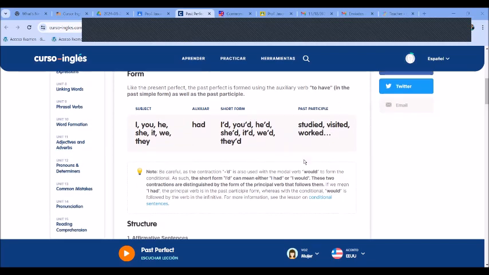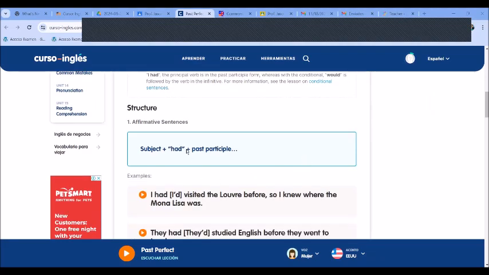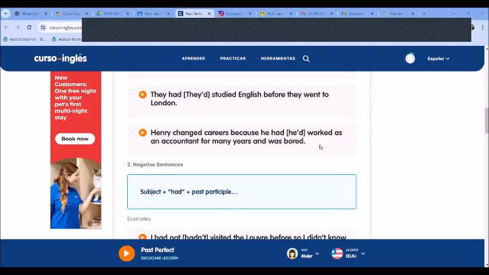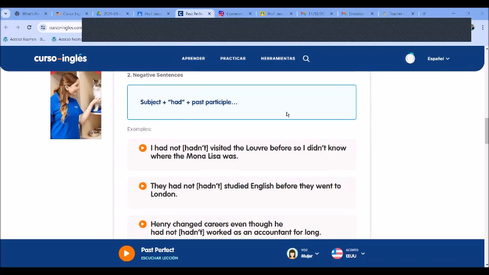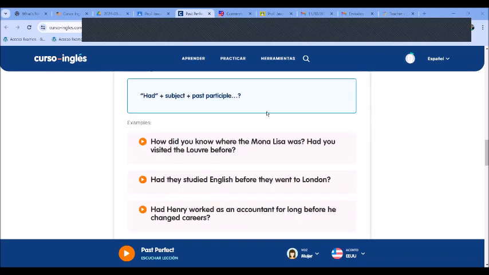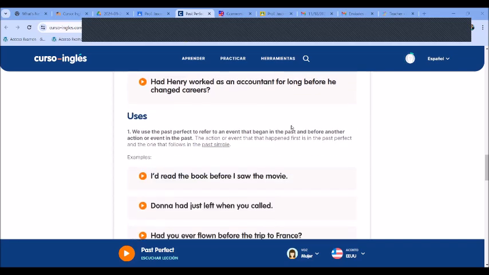Now, affirmative form, had plus the participle. Negative form, had not or hadn't plus the participle. And question form, we can either start with a question word or more commonly had, then our subject, then our participle form. So let's dive in.